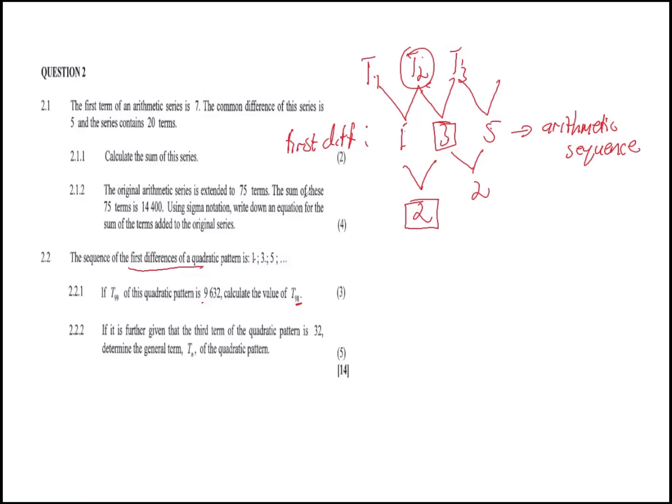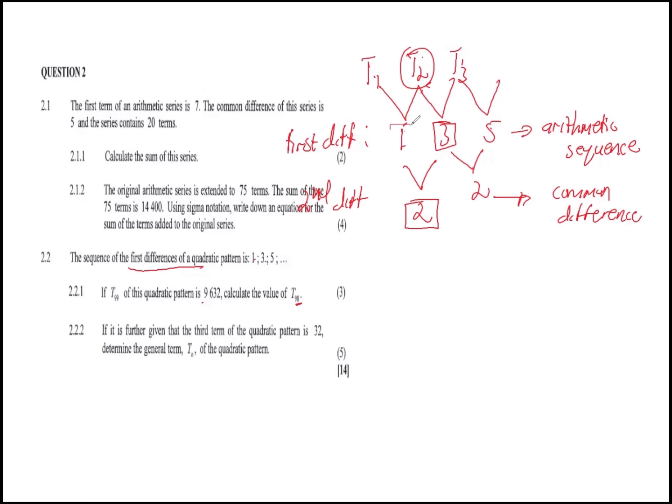And then the second difference that you are seeing here is actually what we refer to as the common difference in an arithmetic sequence. So always note that when they bring about a quadratic pattern, it is usually to hide the arithmetic sequence, right? So this is 1, 3, and then 5. Now we know that this, we want to take it as the common difference.